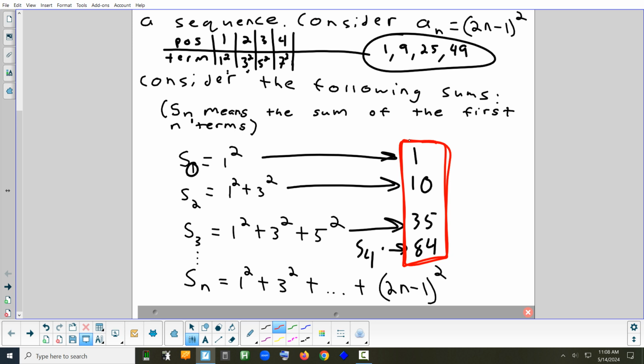Like let's say we wanted to know S sub 200. Well, I don't want to list out all 200 terms and then start adding them up. That's going to take too long. I would rather figure out a formula with the numbers I already have to figure out what the first 200 would add up to. And that's what we're going to try to do.